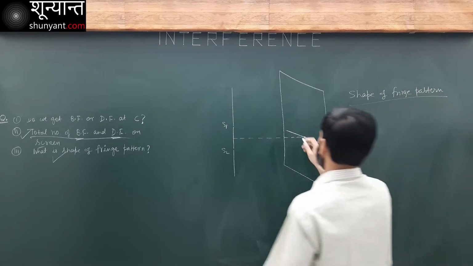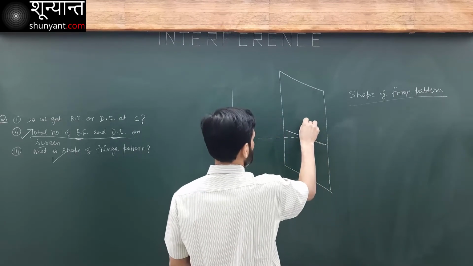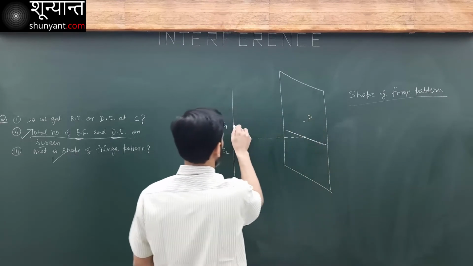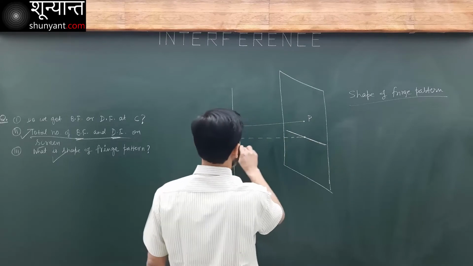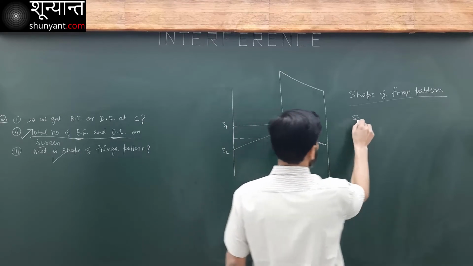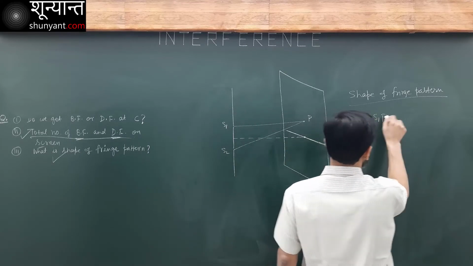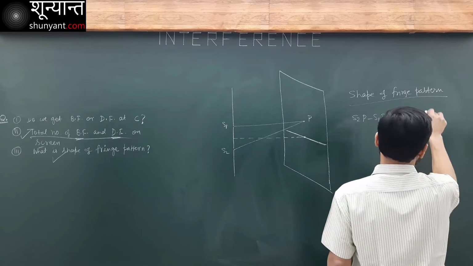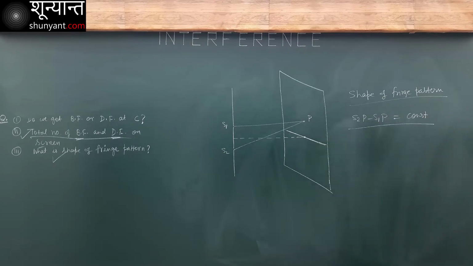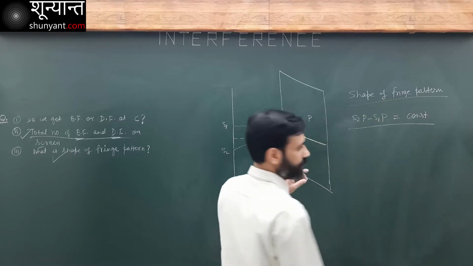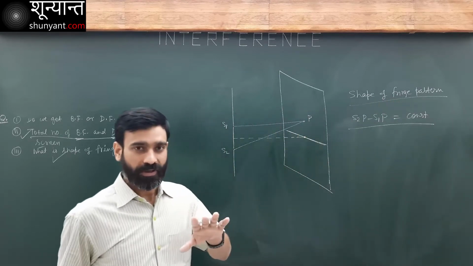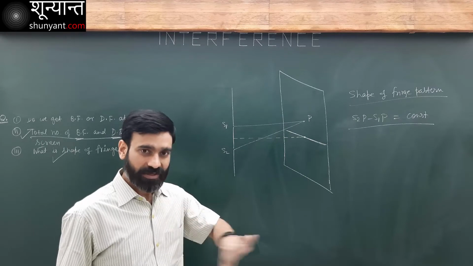If I take any point P on this screen, then S2P minus S1P should be constant. So I will find the locus of points having constant phase difference.